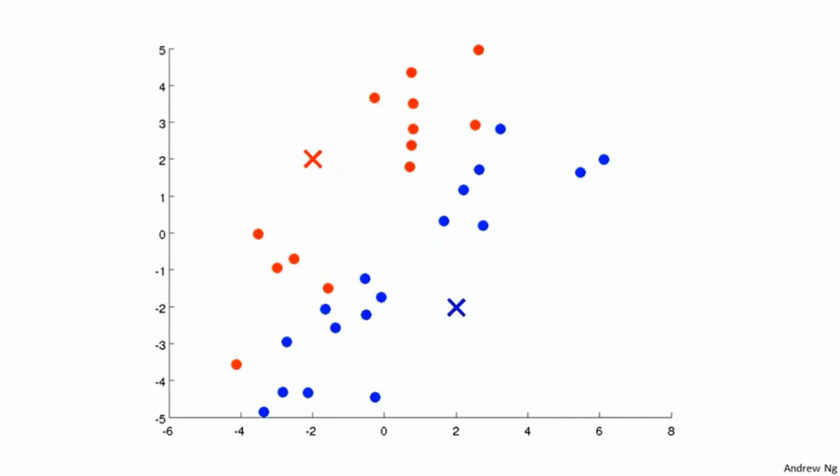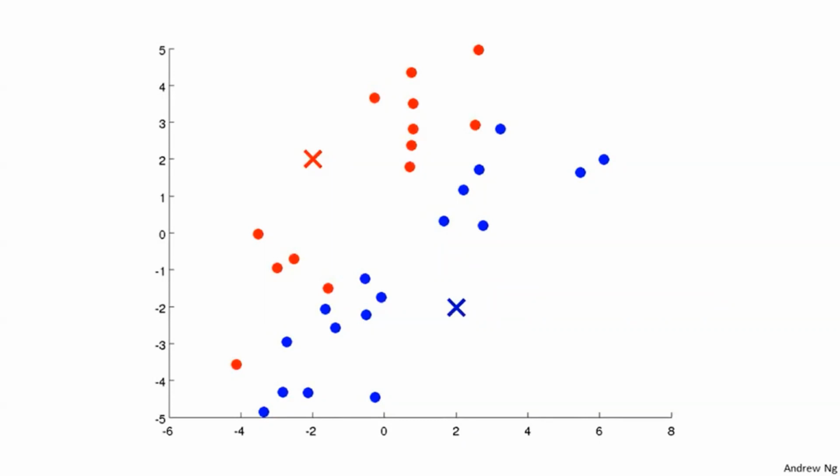Specifically, it's going to go through your data set and color each of the points either red or blue, depending on whether it's closer to the red cluster centroid or the blue cluster centroid. And I've done that in this diagram here. So that was the cluster assignment step.